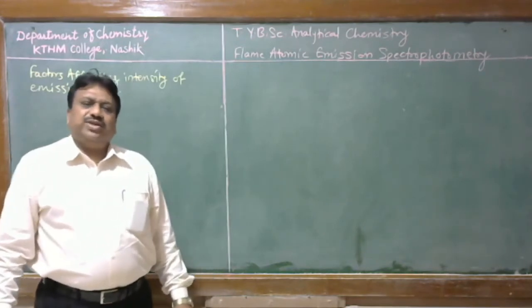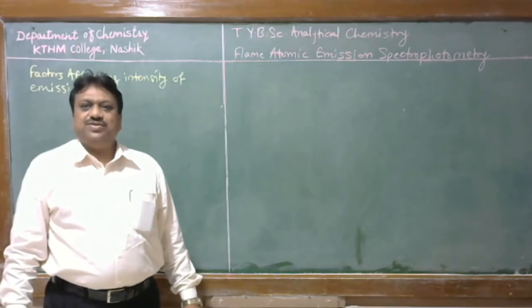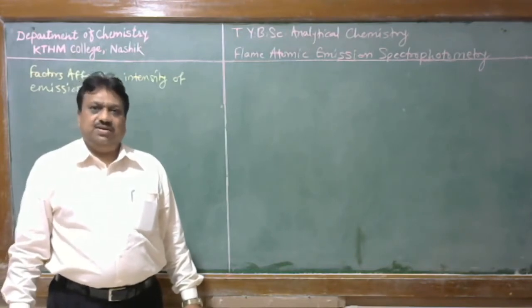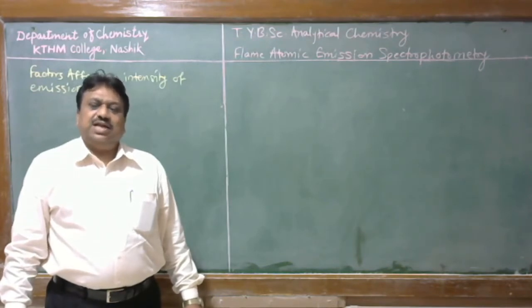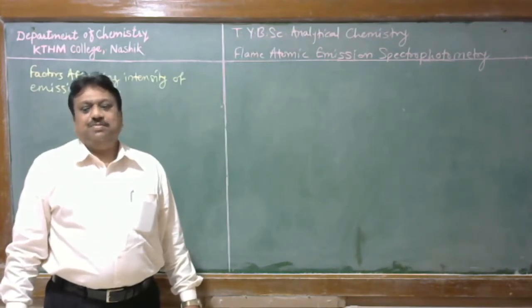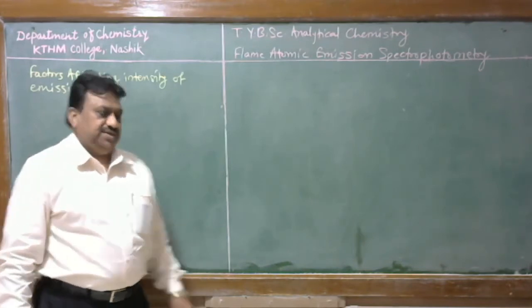Student, in today's lecture we discuss the factors that affect the intensity of resonance line or emission line. The factors that affect the intensity of the resonance line totally depend upon the flame temperature and the number of atoms present in the excited state.